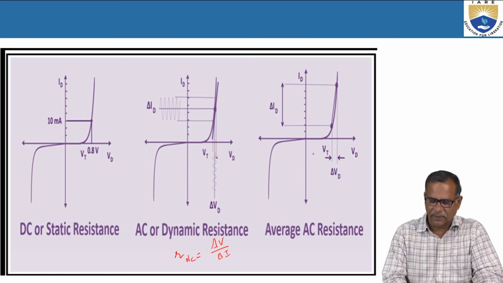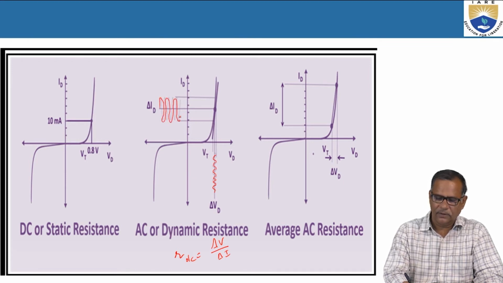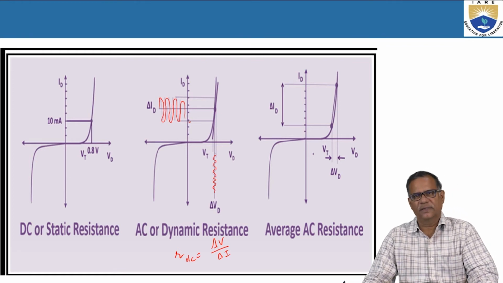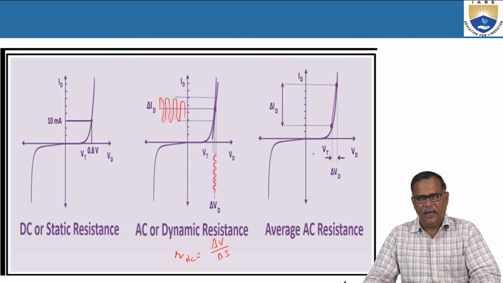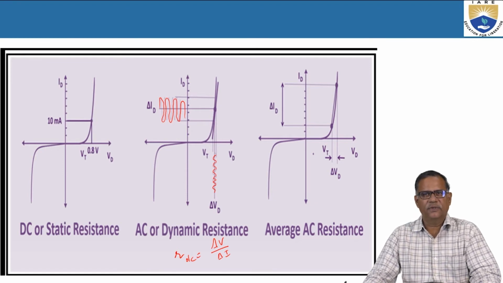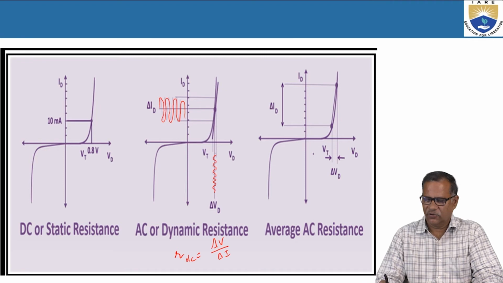Here you can see the applied voltage swings are small, and the resulting current swings are high. So for small swings of applied voltage, the AC or dynamic resistance is calculated. For average AC resistance, we assume that the applied voltage has large amounts of variation, as shown here.